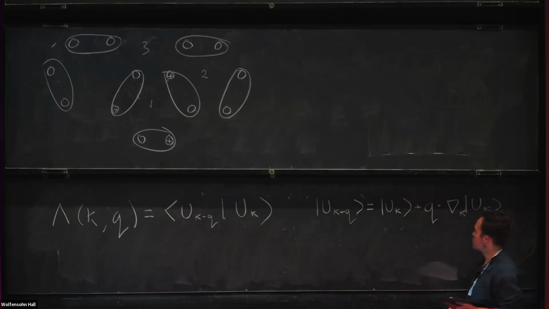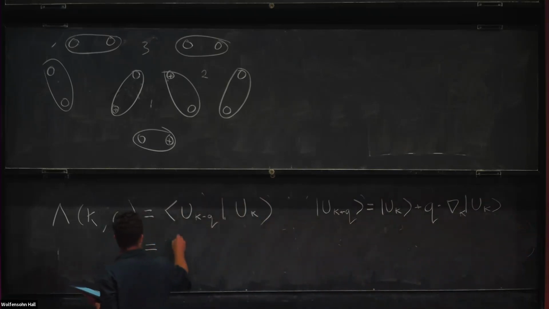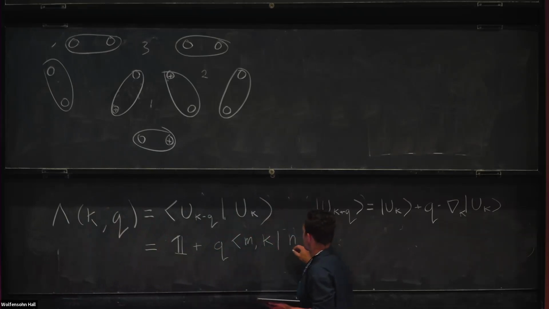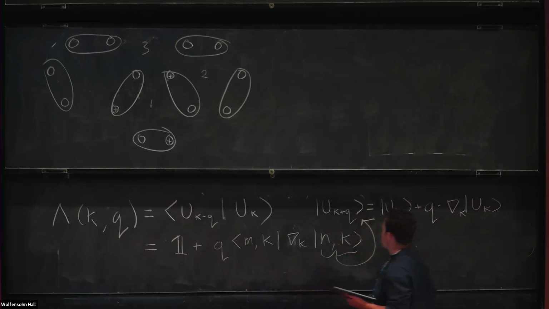We'll assume we can do a first order Taylor approximation. Then what you find is that this is equal to the identity plus q dot the overlap of u_mk with the gradient with respect to k of u_nk.